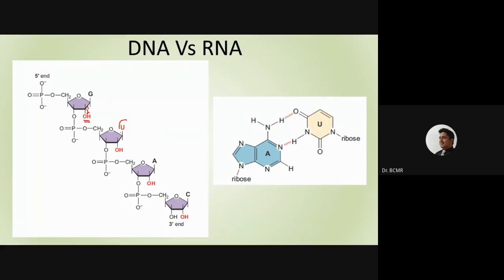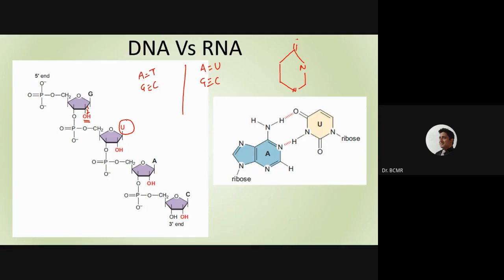And the second one is about uracil. DNA has A, T, and G, C, whereas RNA has A, U, and G, C. What is the difference between uracil and thymine?